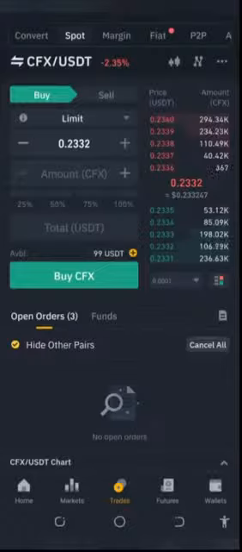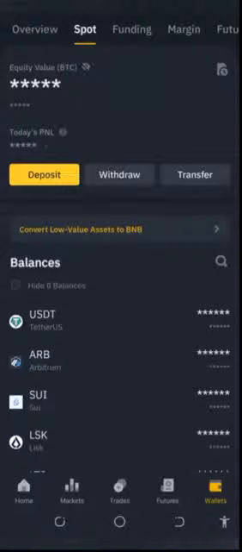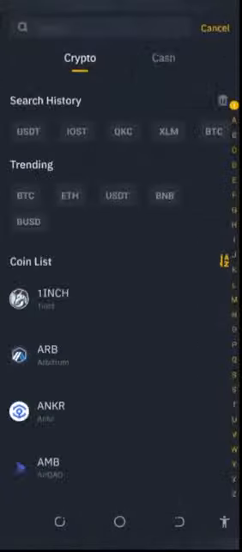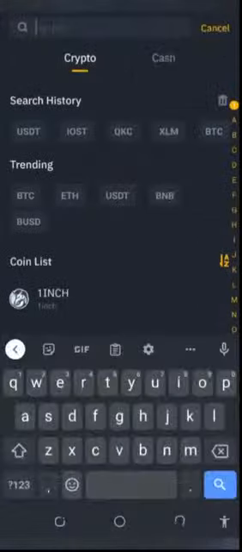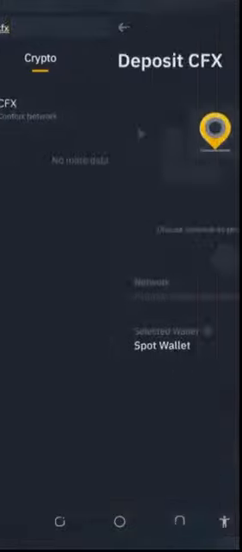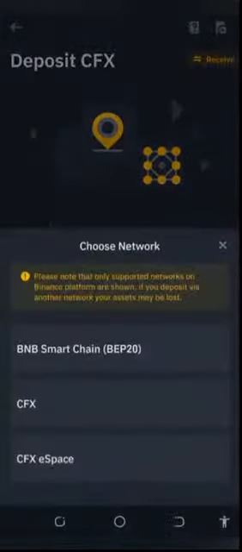So let me just get my deposit address here. My deposit address for CFX, I'm just going to send it back, okay? That's what I'm going to do, since I can't get to change it. So CFX. Okay, now we have CFX eSpace. Awesome. Now, can you just imagine that? To deposit it here, I'm seeing CFX eSpace, but to send it over, CFX eSpace wasn't showing up.